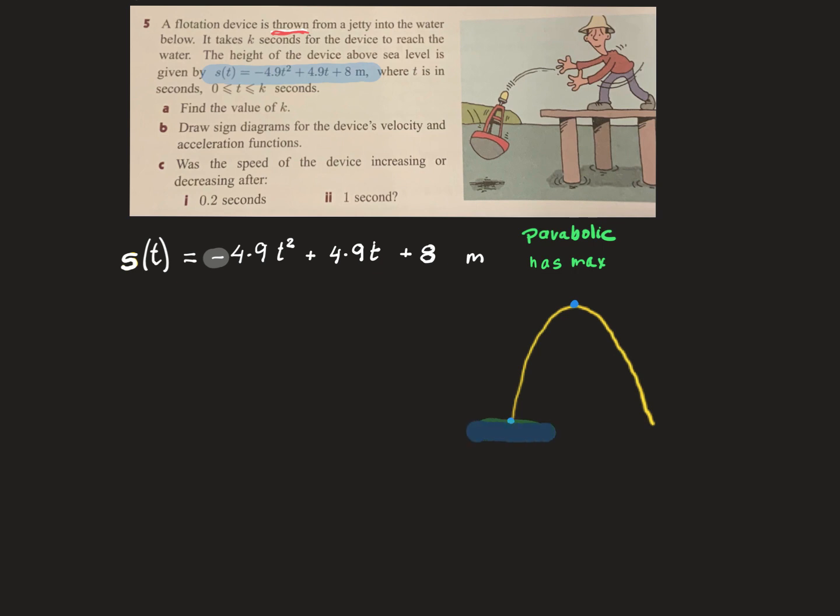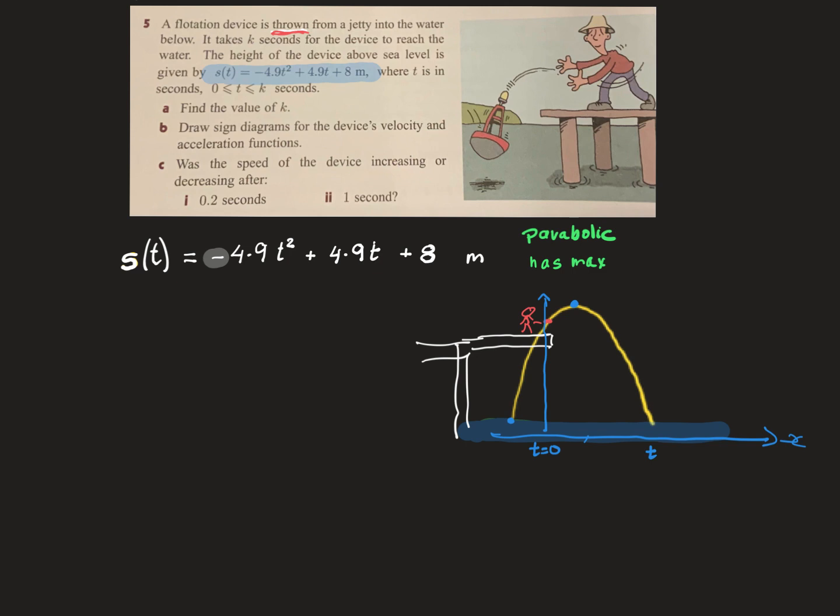Let's make the water blue, and this is our water. And the person is standing on a jetty and throwing that device over. Now we know, like I said, it's not dropped, it's thrown. So our timeline will start from here, and our axis would continue here.